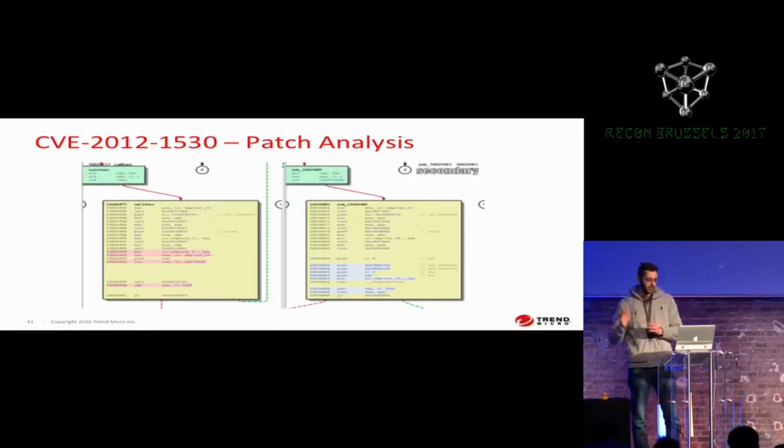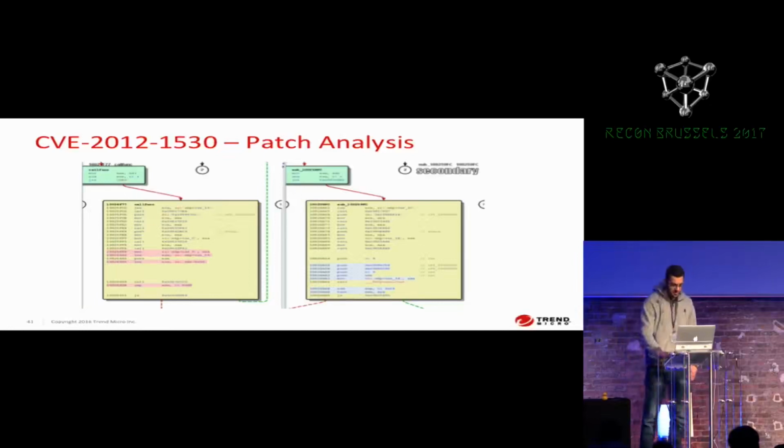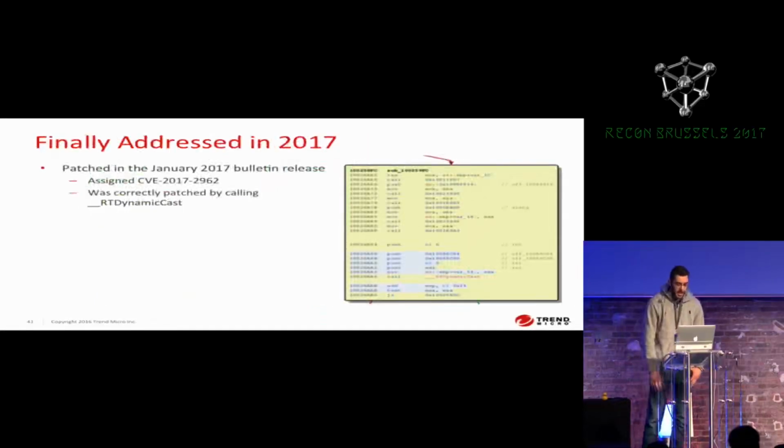He gave it a comment node and some other type of text node, and he was able to trigger it. This is the diff of the January 2017 patch, and they did it right this time, calling a function called RT dynamic cast to do the casting in the right way.